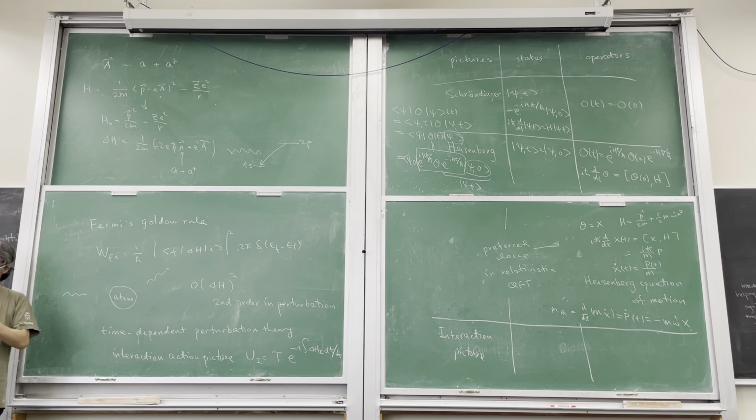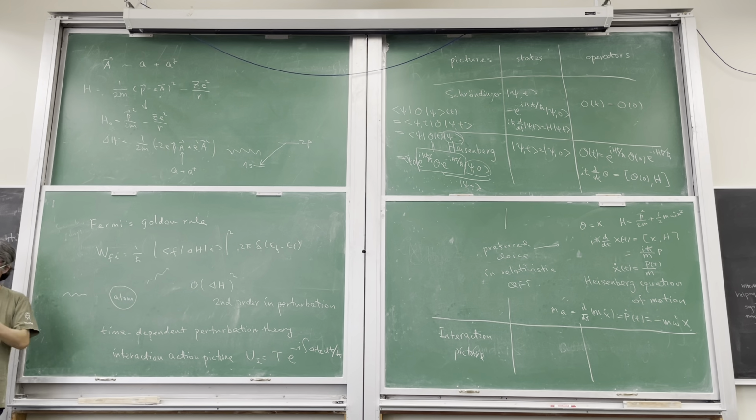So then operators evolve according to the free Hamiltonian, the zeroth order Hamiltonian. But then you can see that the time evolution of the states is now only due to delta H. So then you can separate the roles of the two pieces, namely the zeroth order Hamiltonian that's responsible for the time dependence of the operators, versus the time dependence of states that is only due to the perturbation of the system.